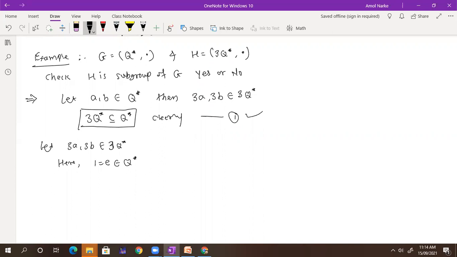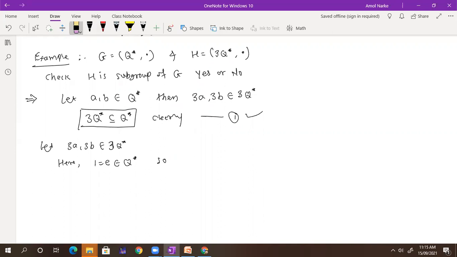So E is equal to 1. What is the identity in 3q star?